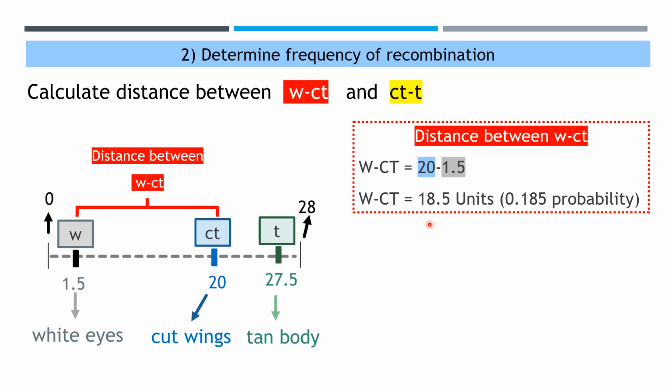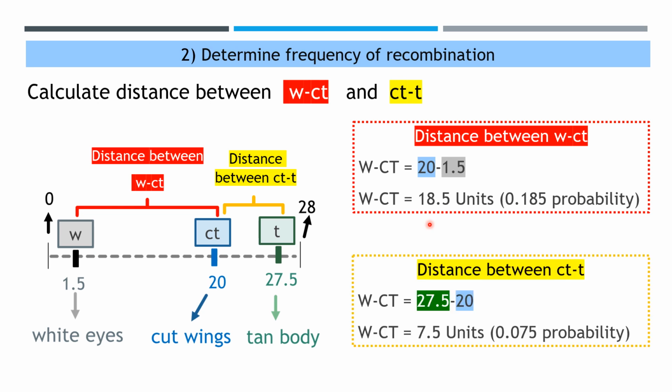Now we need to do the following, the distance between CT and T. If you want, you can stop the video and try to calculate that one. It's pretty easy. If not, I will continue. So the next one is the distance between CT and T. And so we again do the same thing, subtract. So we subtract the 27.5 minus 20, and we get a distance of 7.5 units.